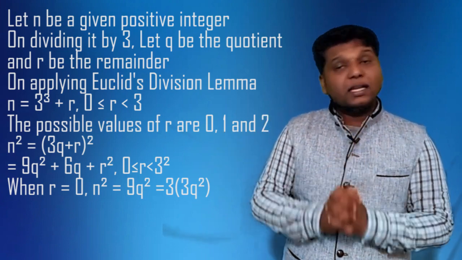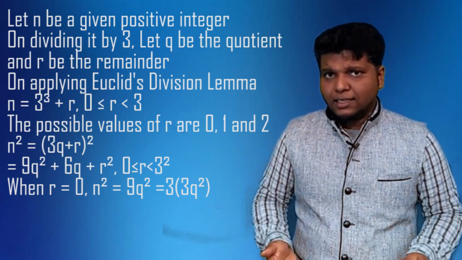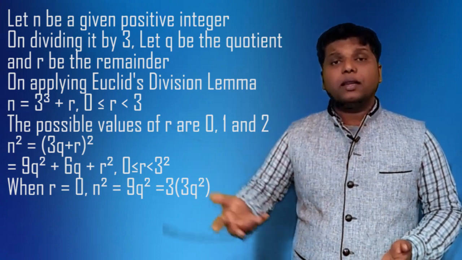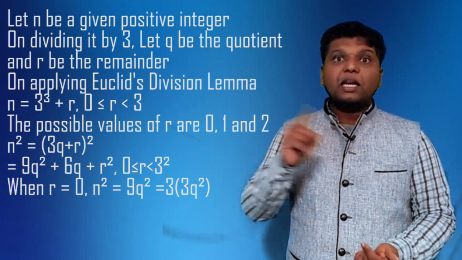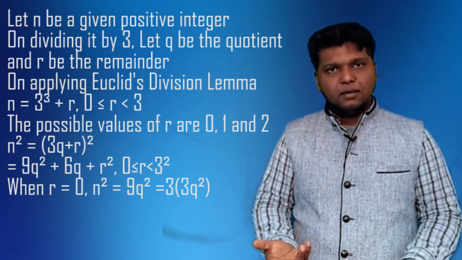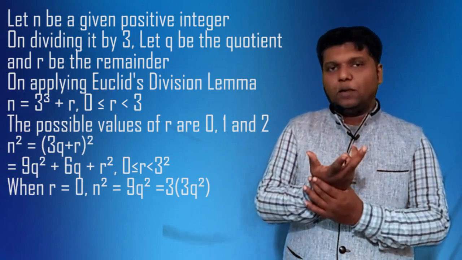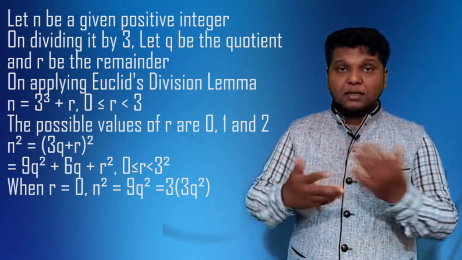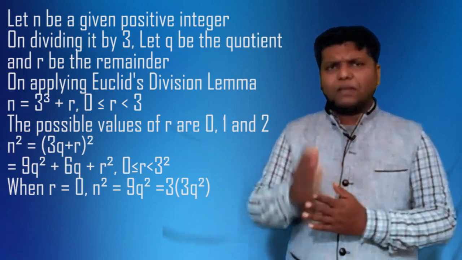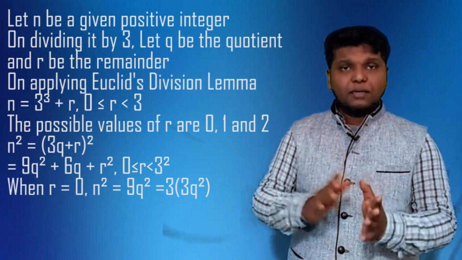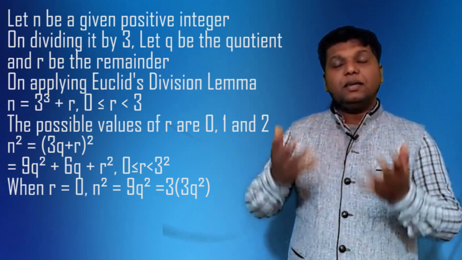Now tell me, what is this q? q is an integer, right? So q² will be another integer. That multiplied by 3 will be another integer. It is some integer, we don't know what it is. It is a variable, a varying quantity. So whatever value you give to q, it will use that value.